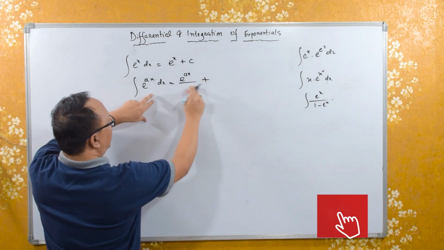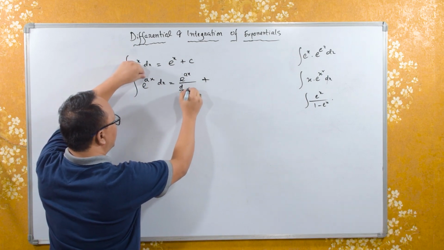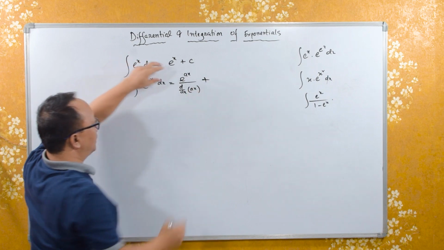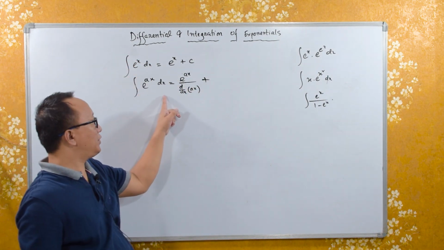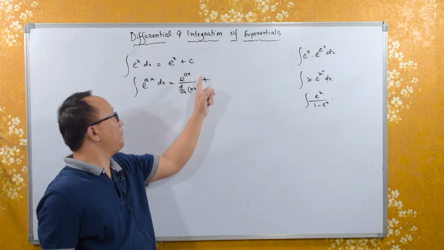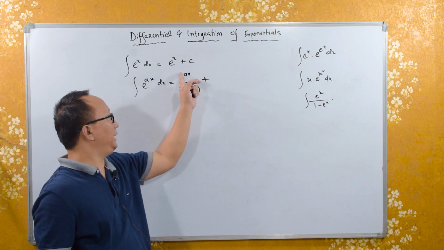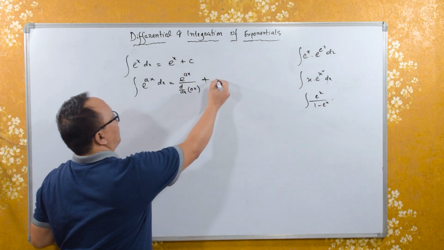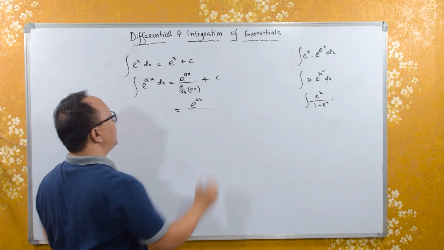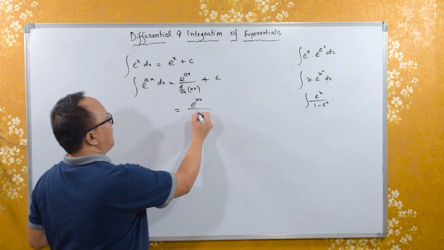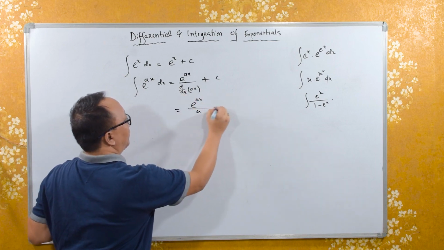Integral of e raised to x dx is equal to e raised to x upon d by dx of whatever the indices of power of e, that is x, plus c. That is e raised to x upon d by dx of x. Differentiating with respect to x will be a, plus c.